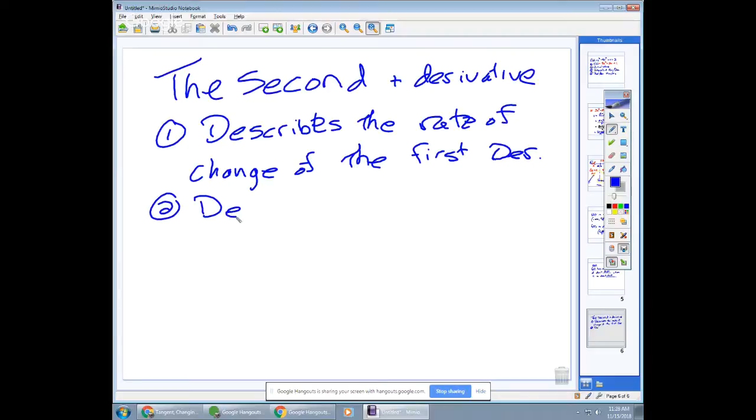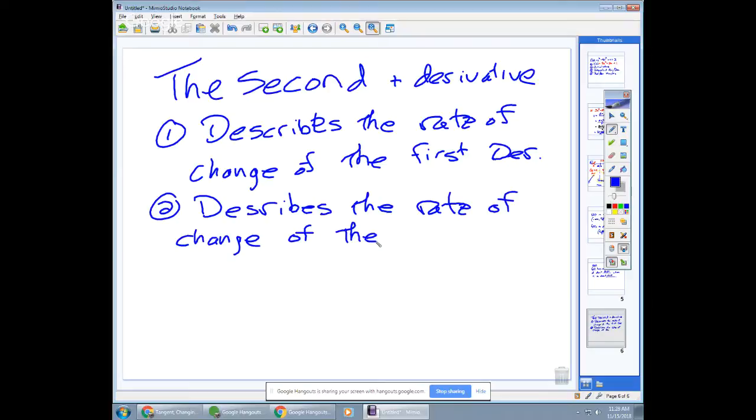So I can also say it describes the rate of change of the slopes of the original curve.